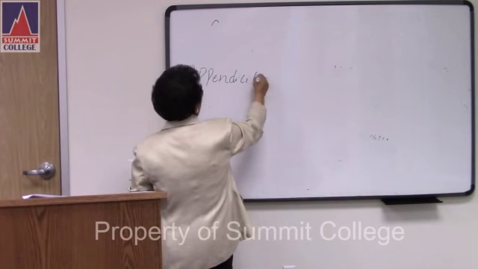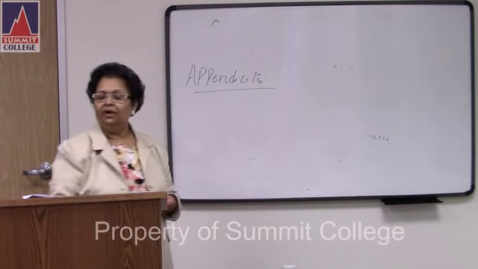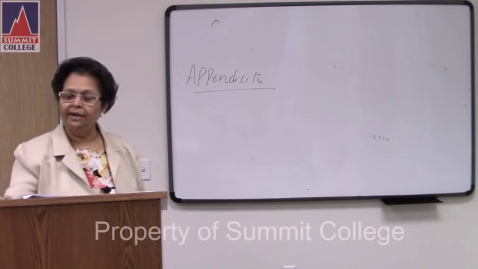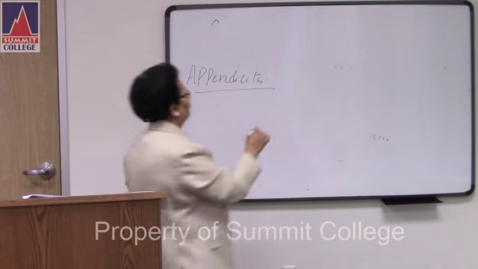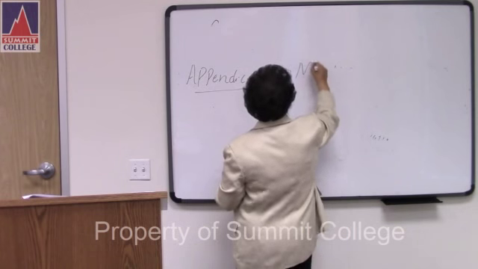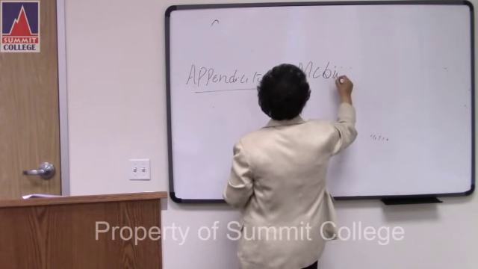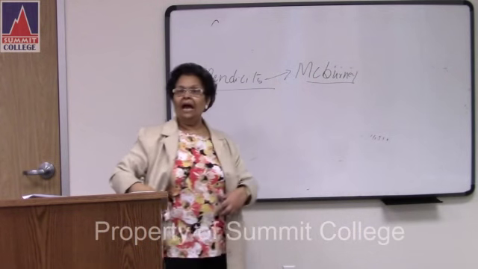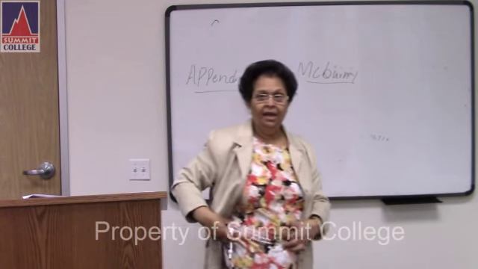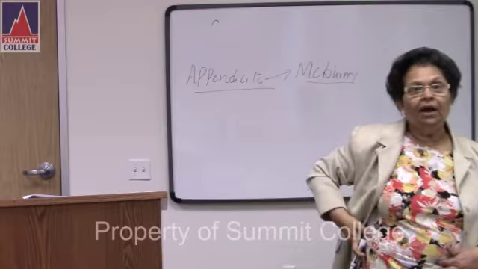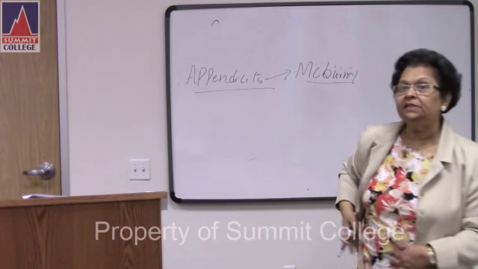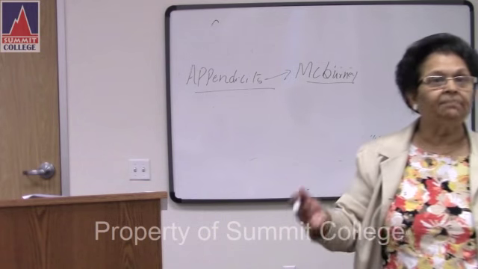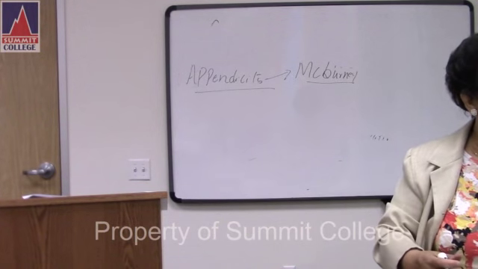Where is the pain in appendicitis? Right lower quadrant. Everyone write down right lower quadrant. And what is another word we call it? McBurney point. McBurney point is from the umbilicus area in between the right iliac crest. Now, sometimes they don't give you McBurney and they say the patient is admitted with appendicitis.